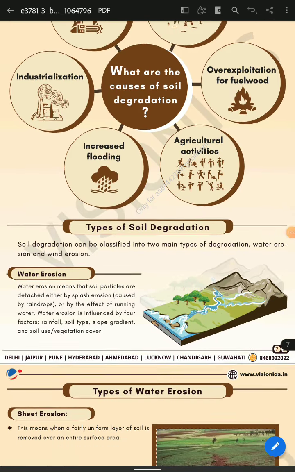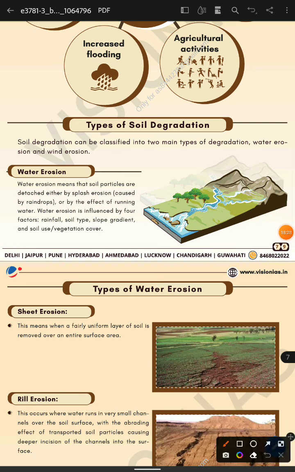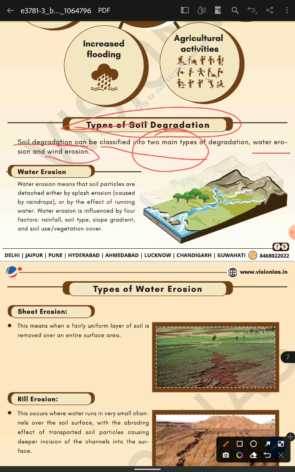The types of soil degradation. Soil degradation is classified into two main types, water erosion and wind erosion. You know water erosion captures in rivers a lot of sediments and deposits them at the river mouth, and there is humidity in nature. In the wild area, humidity and humus are also filled in the water.